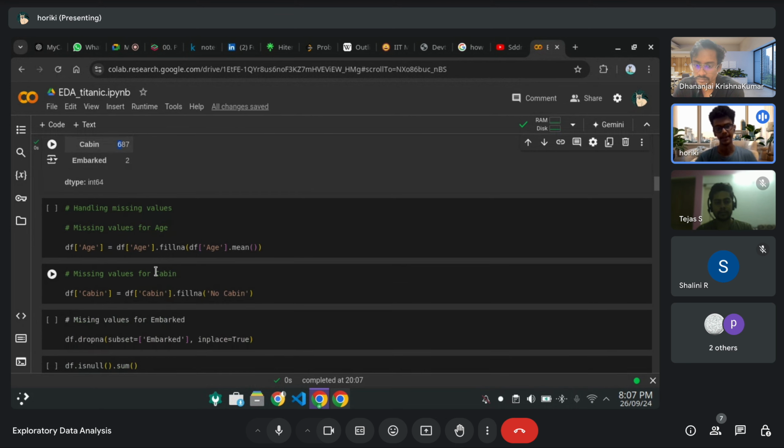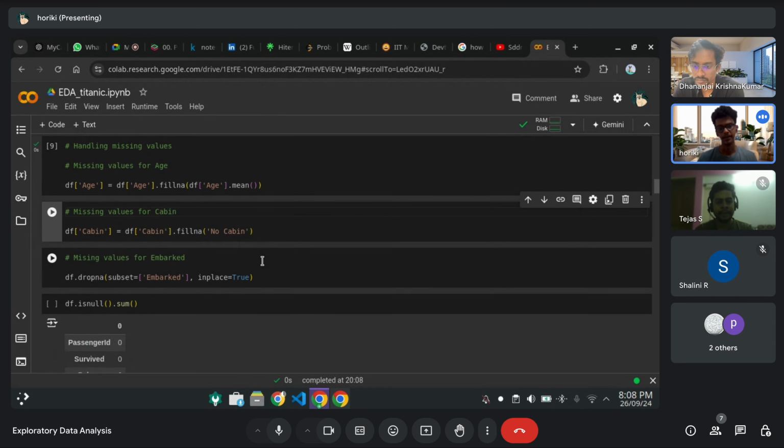So we handle each of the missing values. Since age has a good enough number of values, not that many missing, we just find the mean and fill all the missing values. That's what this line of code does. But cabin has very little data.